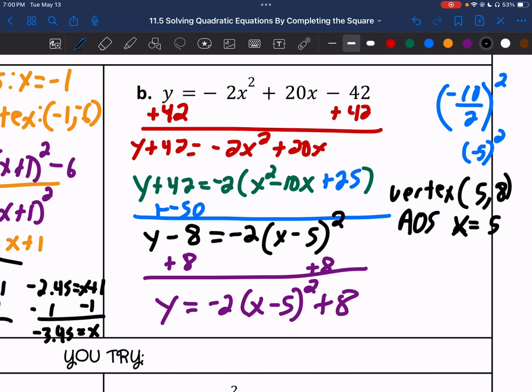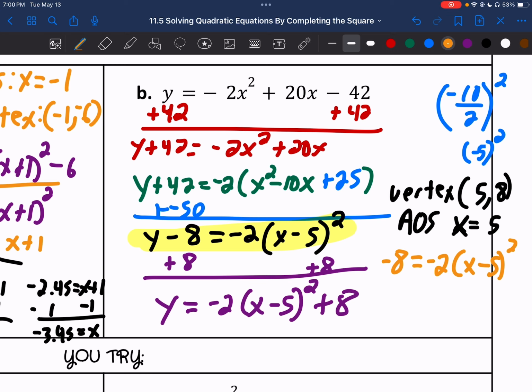And now if I want to find my zeros, we substitute in 0, and I'm going to highlight it for you. We're going to substitute in 0 in this step here just because it saves us a step. So we have negative 8 is equal to negative 2 times x minus 5 squared.